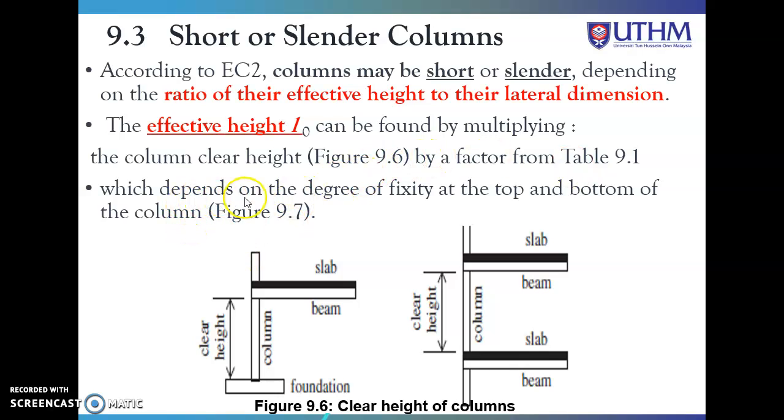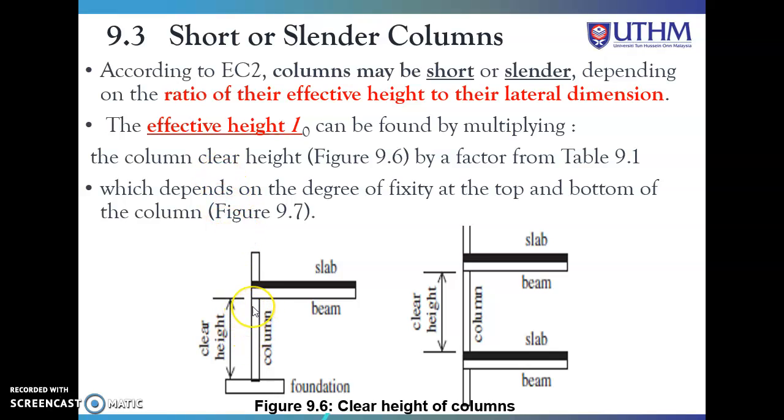Okay? Which depends on the degree of fixity of the top and bottom of the column, Figure 9.7. Okay, so banyak benda kita nak refer. Apa yang first sekali adalah, dia adalah darab daripada clear column kepada factor. Okay. Clear column ni, macam mana kita nak tahu?